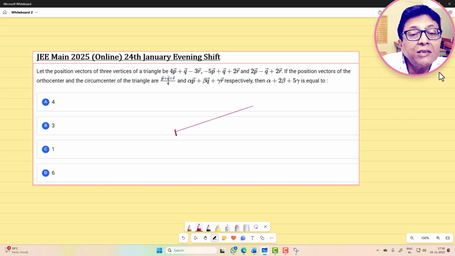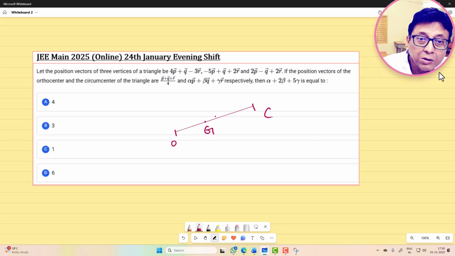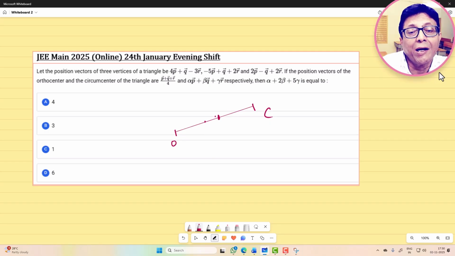That orthocenter is there, circumcenter is there, centroid is there, and the centroid will divide it in the ratio 2:1. So this part 2 and this 1.